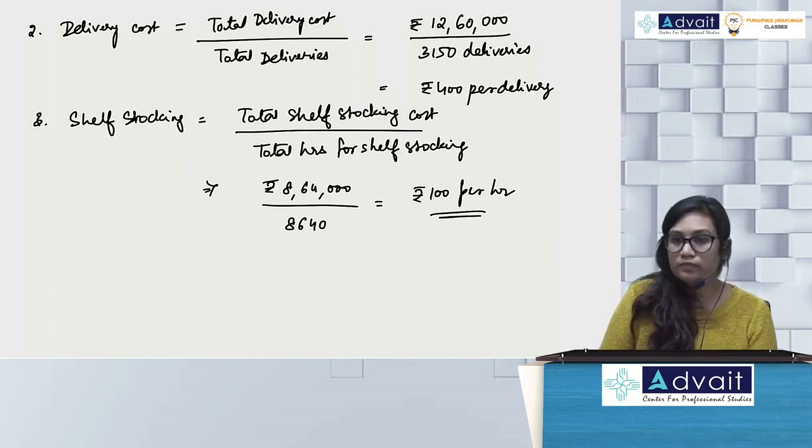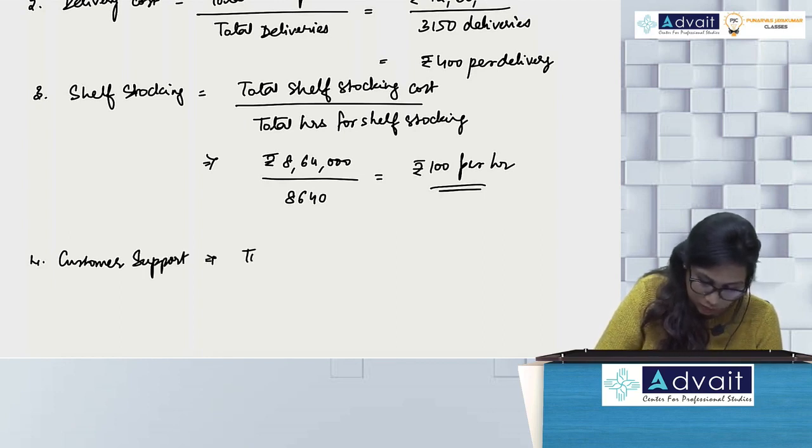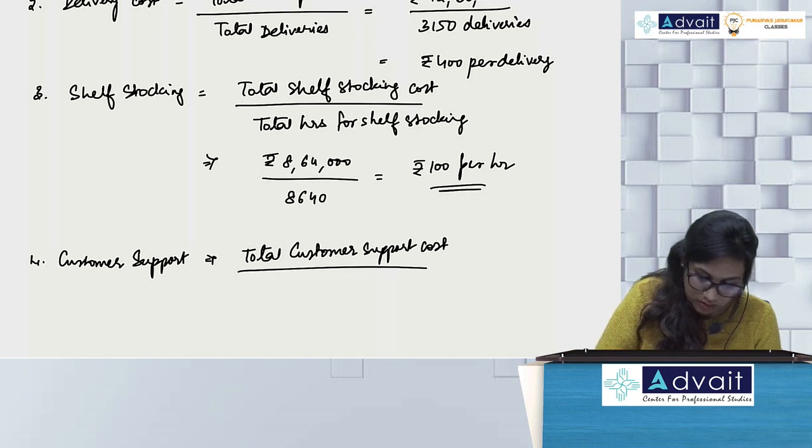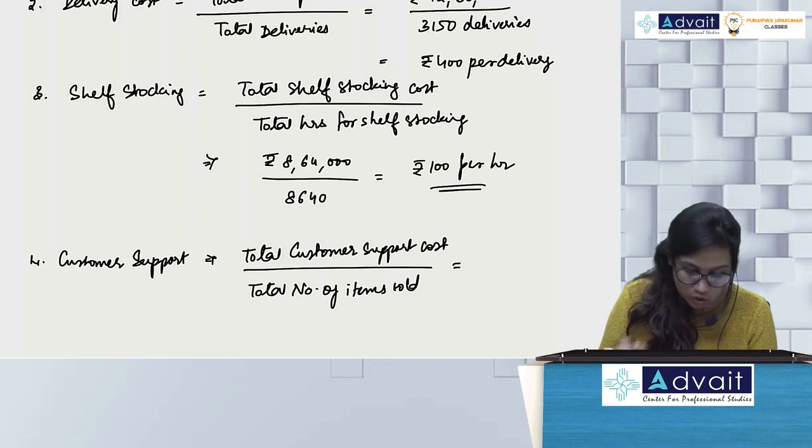Guys, okay? Next, last, customer support. So total customer support cost divided by total number of items sold, because for this cost the cost driver is number of items sold.